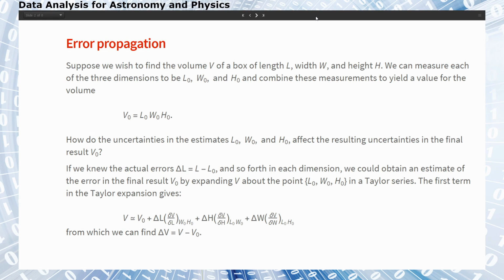The first term in the Taylor expansion gives the volume is approximately V0 plus delta L times the partial derivative of the volume with respect to L plus delta H times the partial derivative of the volume with respect to H plus delta W times the partial derivative of the volume with respect to W, from which we can find delta V being the difference of V minus V0.